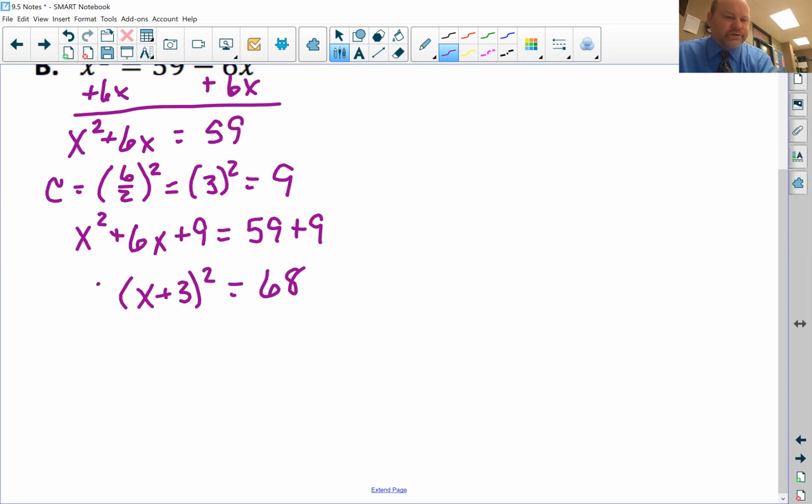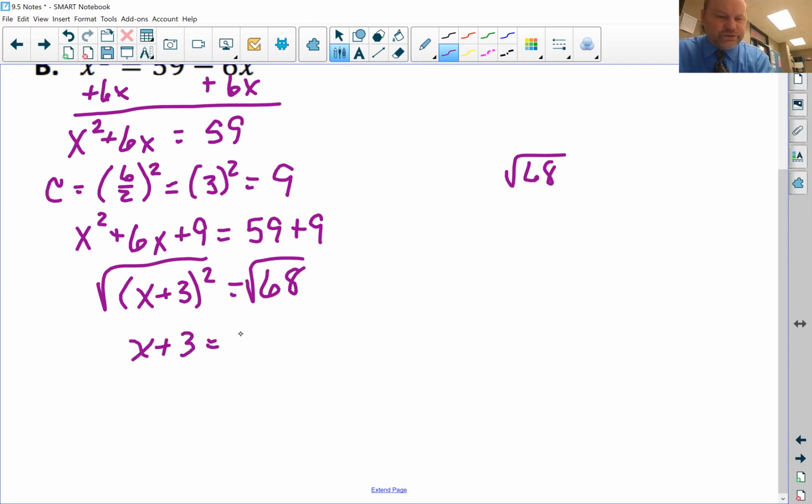Take the square root. I'm going to simplify that on the side here in a second. You get x plus 3 equals plus or minus, and now let's see if this has any perfect square factors. Now it's even, so we'd have 2 and 34. 34 is even, so we have 2 and 17.